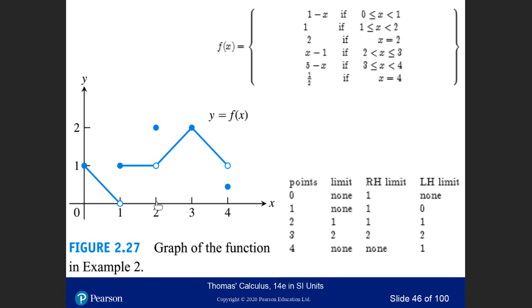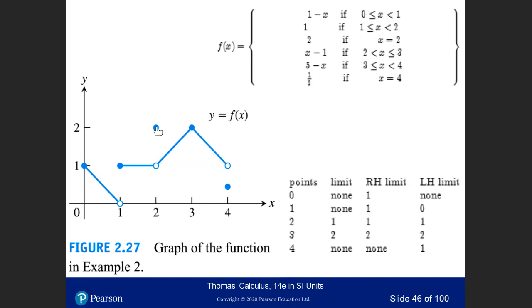Let's look at 2. As you approach 2 from values less than 2, that's the left side, the limit is 1. As you approach 2 from the right-hand side, the limit is 1. So the function has a limit at 2, which is equal to 1, although the function is defined at 2 as 2.